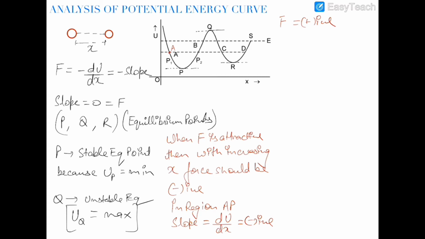As x is increasing in region AP, as we move from A to P, the potential energy of the system is decreasing. So the slope dU by dx is negative, and hence the force, which is equal to minus dU by dx, will be positive, and the positive force is the repulsive force.